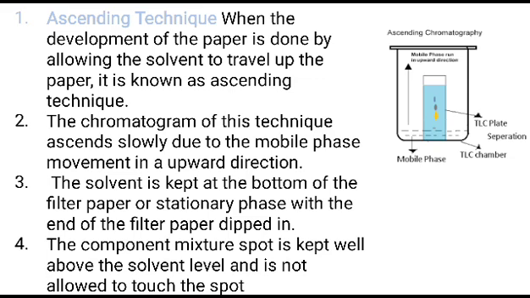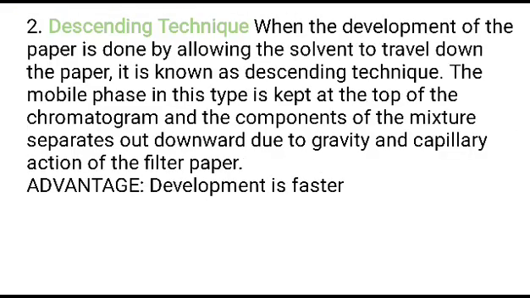The chromatogram of this technique ascends slowly due to the mobile phase moving in the upward direction. The solvent is kept at the bottom, with the end of the filter paper dipped in. The component mixture spot is kept well above the solvent level and is not allowed to touch it. This is the ascending technique.